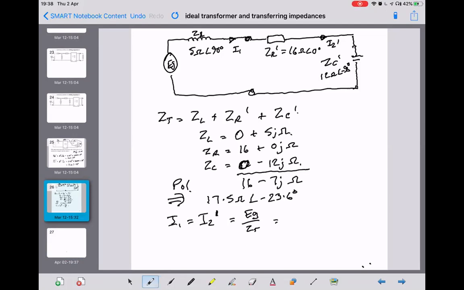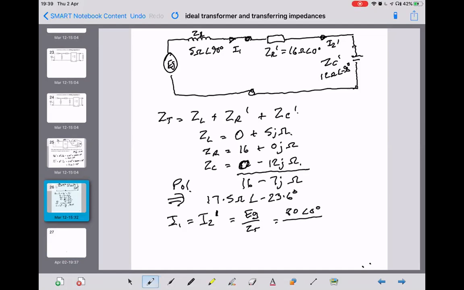Generator voltage, what did we say that was? I've got 80 volts here from somewhere. 80 volts, angle 0. I don't think it says it over here.